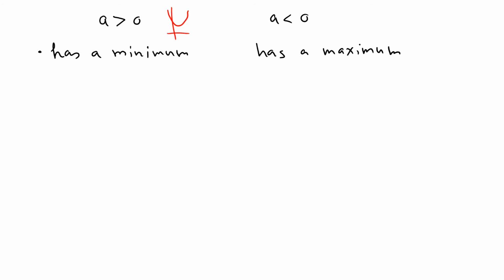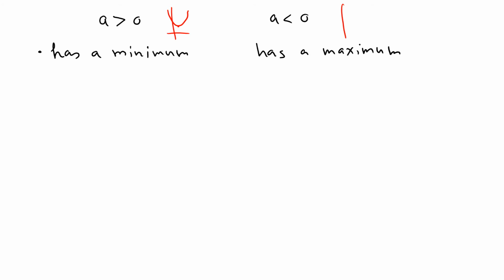So when a is positive, it has a minimum, and when a is negative, it has a maximum. So again, remember the shape of the graph, because if a is positive, it's going to go like that, so it has a minimum.